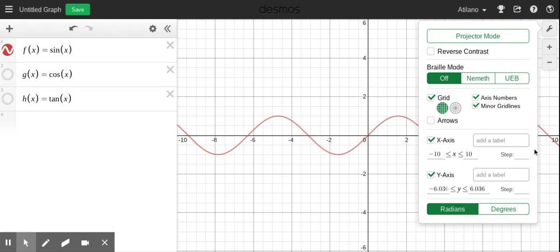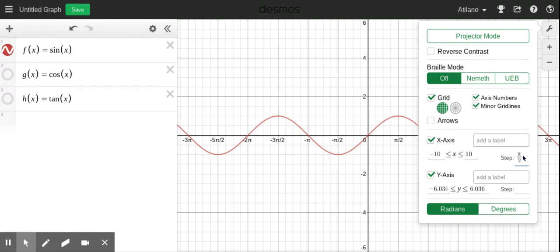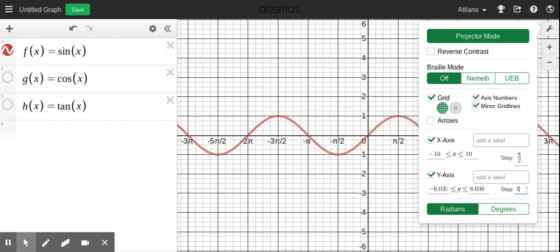However, for my step, I kind of want my x-axis to be in terms of pi. So I'm going to say pi divided by 2, and all I did was just type in the word pi. Hit projector mode, okay. And let's have this go by 1. Okay, yeah, I like the way this graph looks.